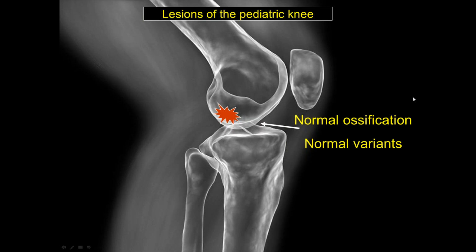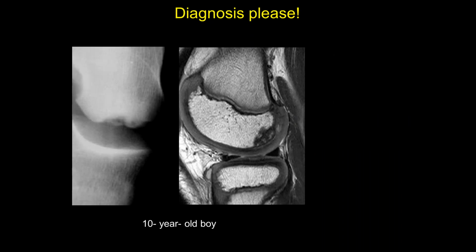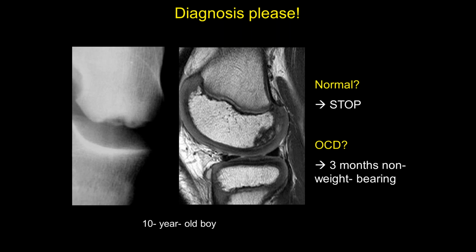So moving to the shorter second bit of this presentation, we're going to deal with normal ossification and normal variance. Well, this is the case that we just saw, and this was very well discussed by our residents.